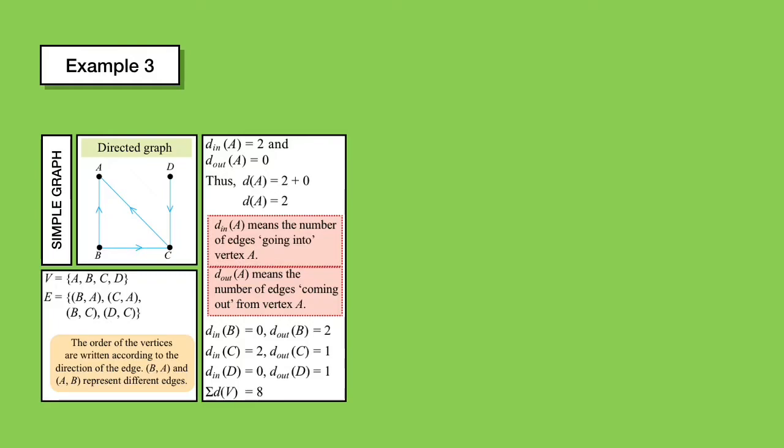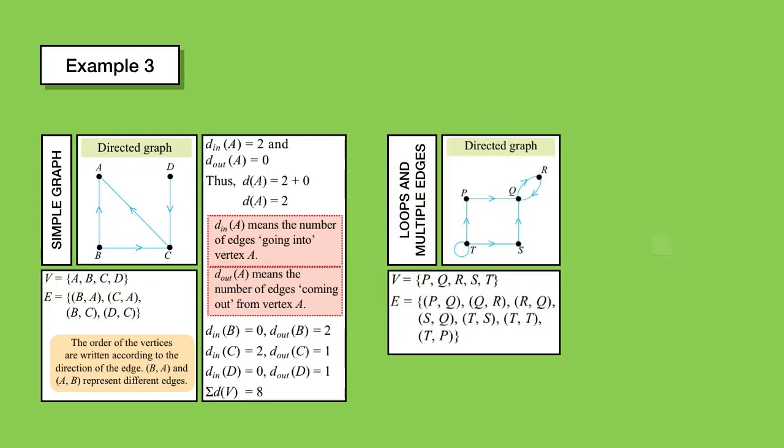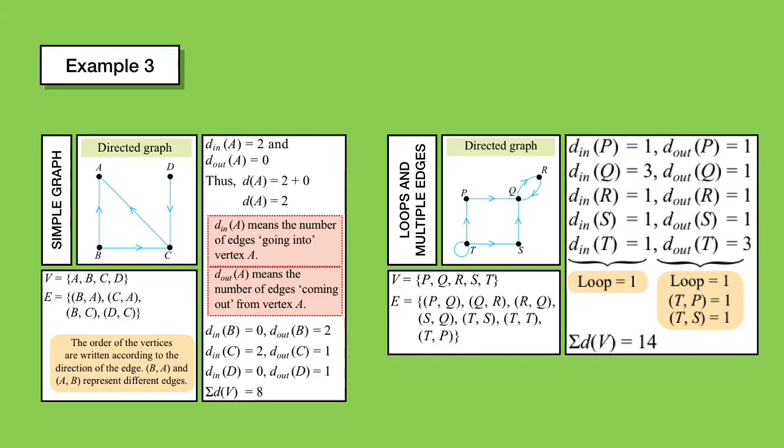Degree in means the number of edges going into the vertex. Degree out means the number of edges coming out from the vertex. And for a directed graph with loops and multiple edges, this is how you calculate the vertices, edges, and sum of degrees.